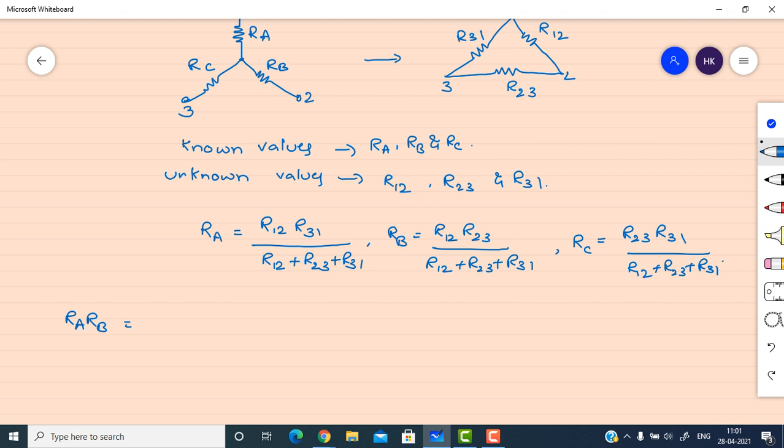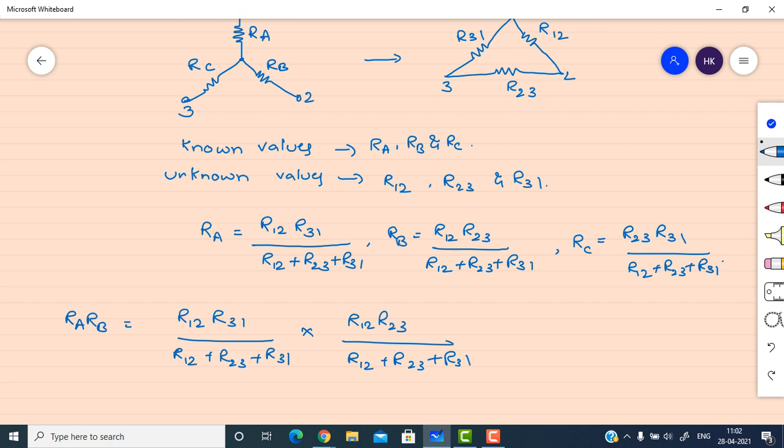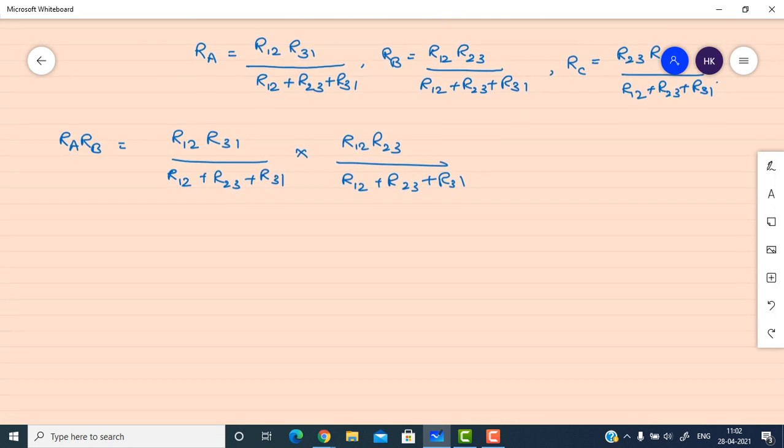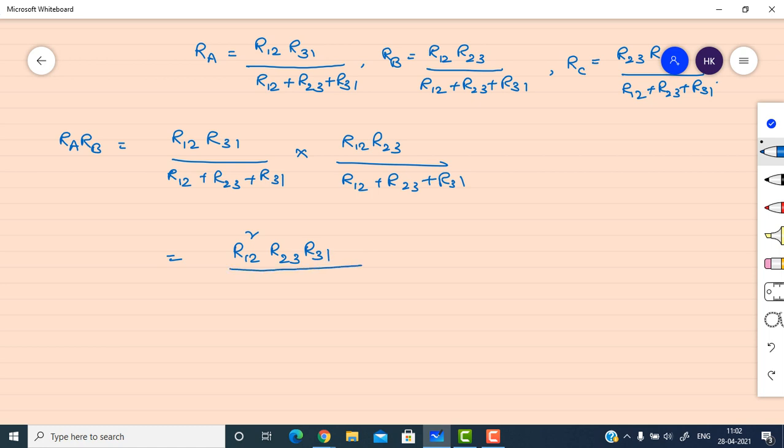First I am going to multiply these two, RA and RB. RA is R12 into R31 by R12 plus R23 plus R31, and RB is R12 R23 by the same denominator. So RA RB is R12 square R23 R31 by the denominator; multiplying the two denominators gives (R12 plus R23 plus R31) square.